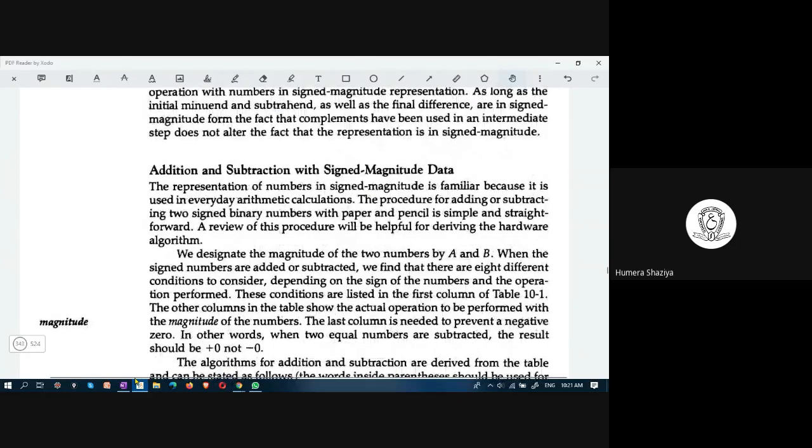The first one is addition and subtraction with signed magnitude data. Quickly, can you tell me what is signed magnitude data? Students?